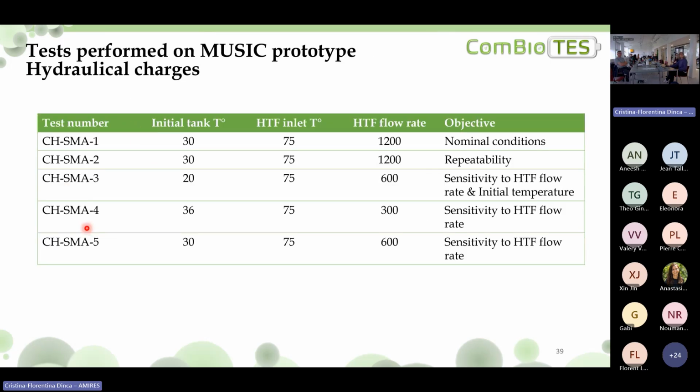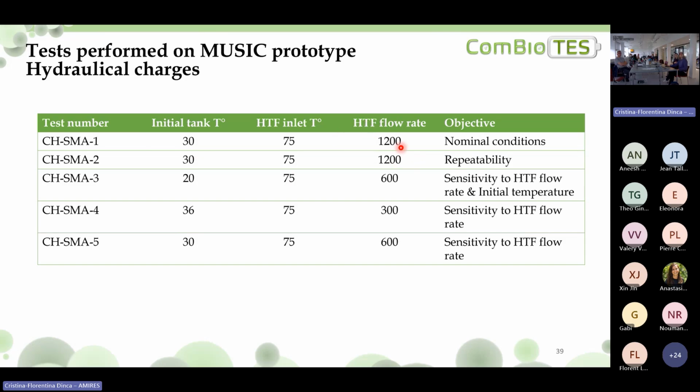So we did different tests with nominal conditions. Our nominal conditions were between 30 and 75 degrees. And we did tests modifying the flow rate of the heat transfer fluid.